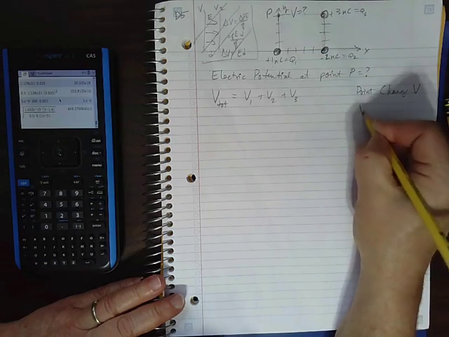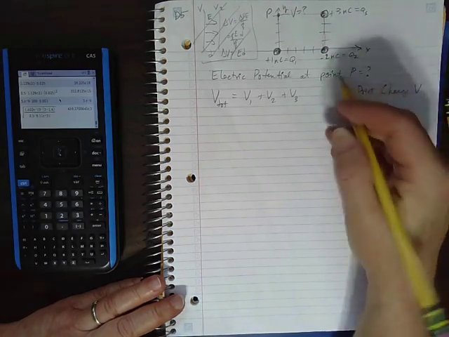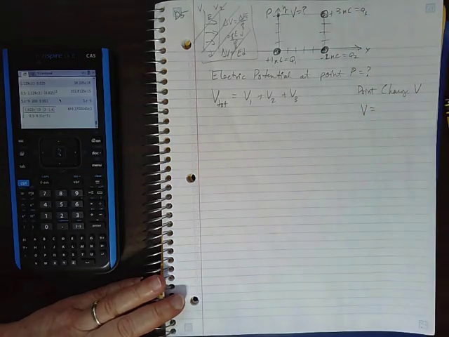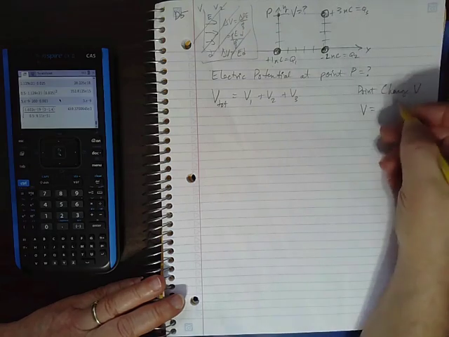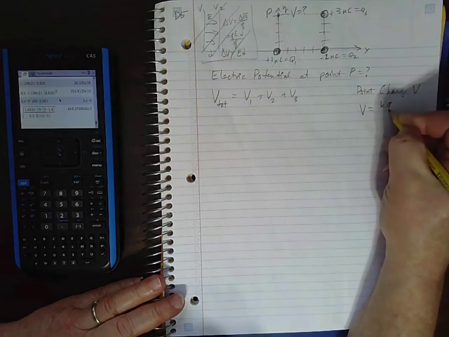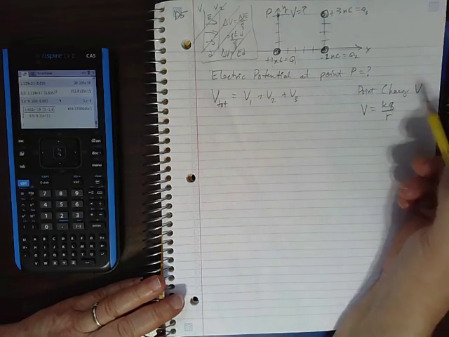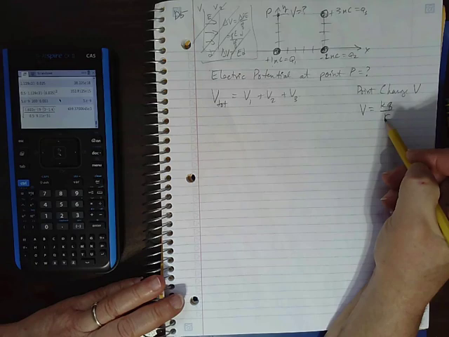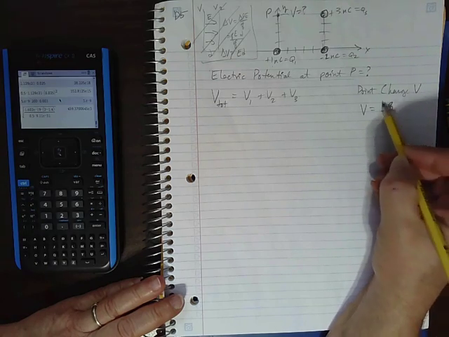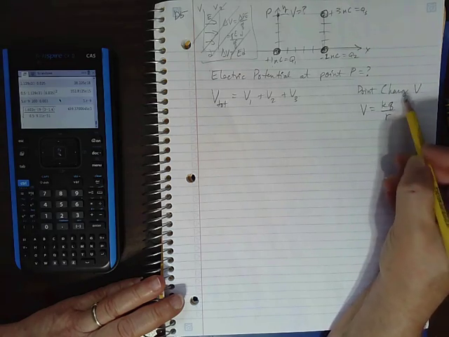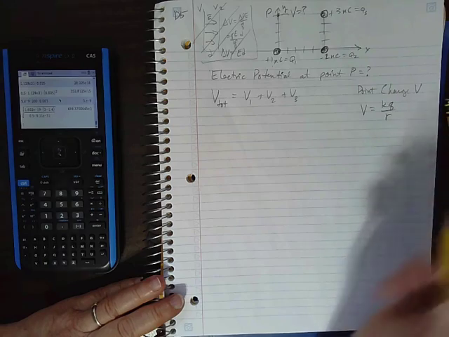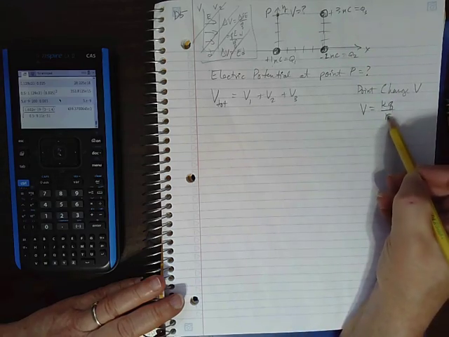So the potential of a point charge, again, this is now assuming that the potential energy zero is infinitely far away. So the potential at the point charge is just KQ over R. So again, very similar to all of our formulas: force was KQQ over R squared, field was KQ over R squared. Now we've lost an R in the bottom, so the potential is just KQ over R, right?